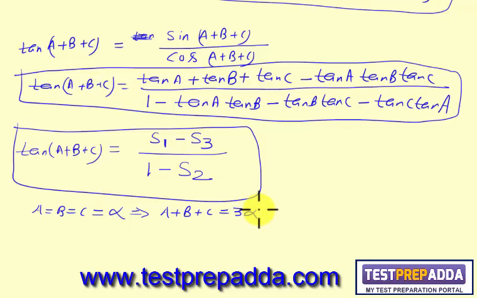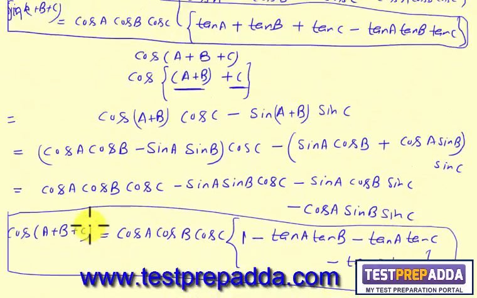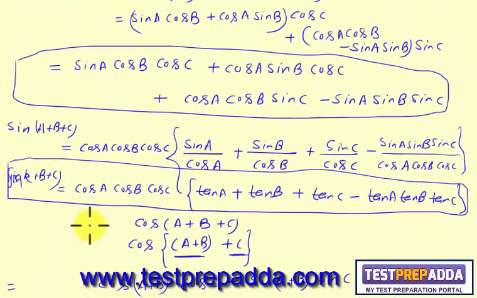Got it? Now, if I substitute in the sine identity, so sin A plus B plus C will become sin 3 alpha, which will be written as, if you go and check the sine identity, sin alpha cos alpha cos alpha, then cos alpha sin alpha cos alpha, then cos alpha cos alpha sin alpha.